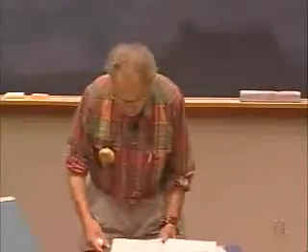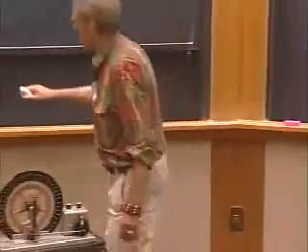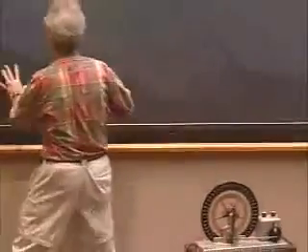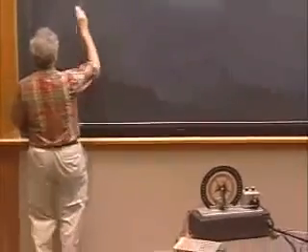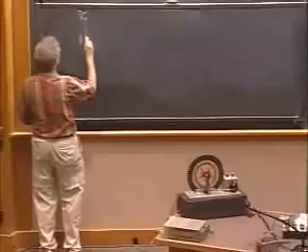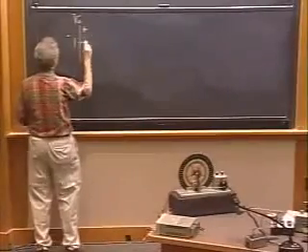I will now take you back to the good old days of 8.02. And I will take you back to an RLC circuit whereby you have a battery. This is the plus side and this is the minus side.